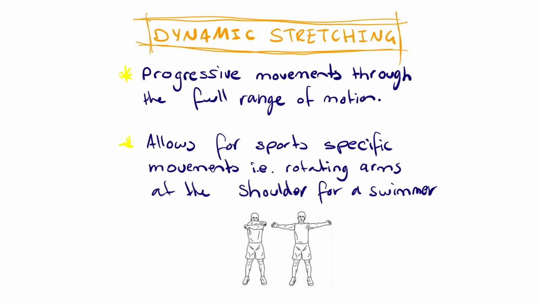So for example, rotating arms at the shoulder joints for a swimmer. Examples of these dynamic stretches that you see commonly are things like butt kicks or high knees, or when we swing our legs at our hip joint to allow for increased flexibility, but also give our body some indication of what sort of movements are going to be needed in the coming game.